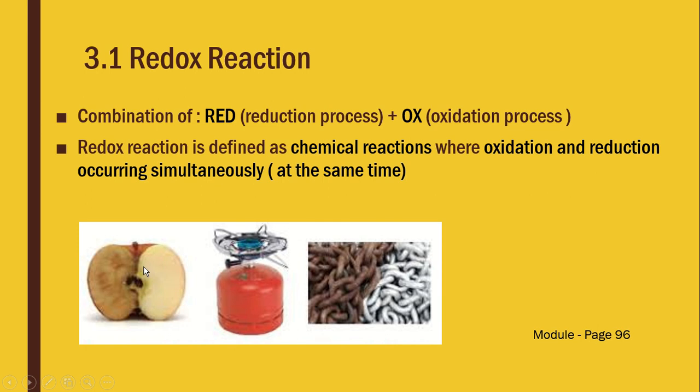So that is a redox process. Then combustion, and also this one is the rusting. Actually all these are examples of the redox reaction, but we have learned these processes and we were not aware, we did not know how to describe them in terms of redox. So in this chapter we will learn how to describe all these processes in terms of redox reaction.